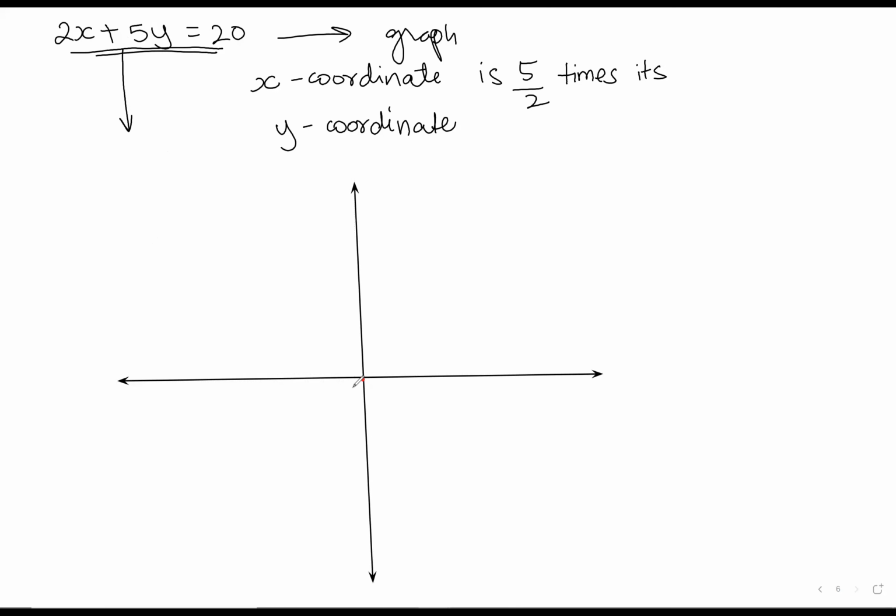So the line is going to be something like this, right? Actually, no, it's going to be like, okay. So now the question is, this line is going to have many points on it, right?